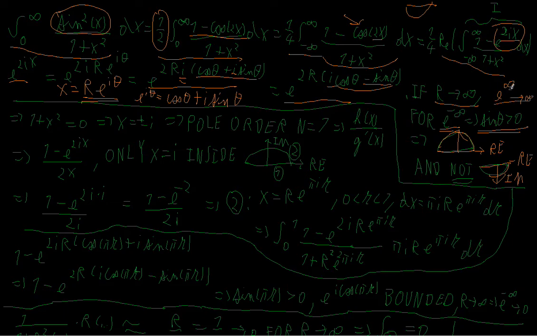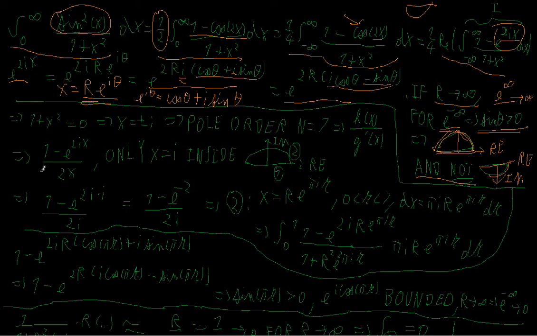So to evaluate this integral, we need a contour along the upper half plane, so it goes from minus infinity to positive infinity, and then along a circular path back to minus infinity. But this circular path is in the upper half plane, not the lower half plane. In the lower half plane, this would not converge if we do this manipulation, and so it would not work.